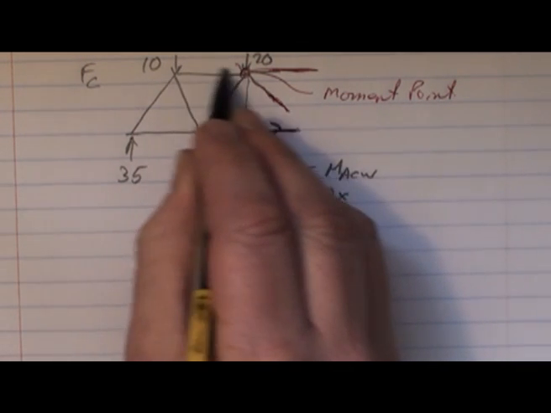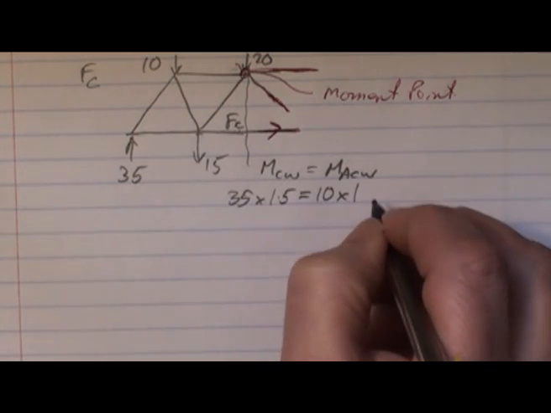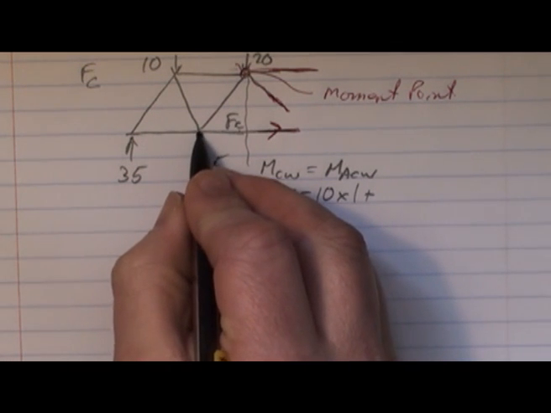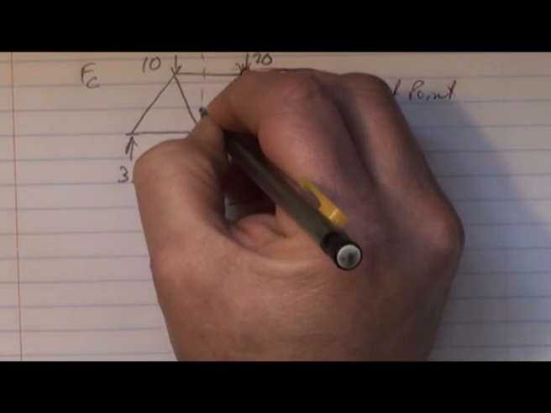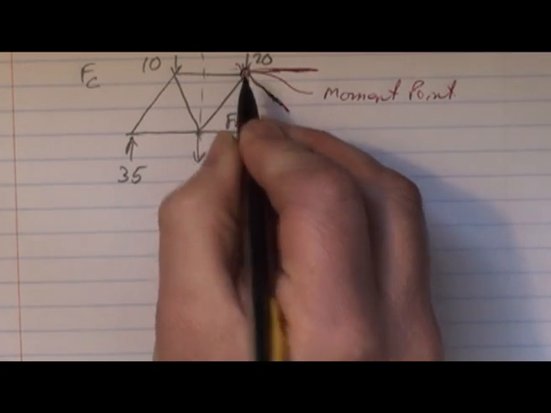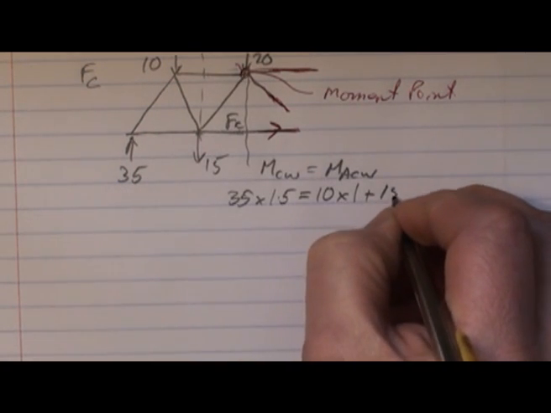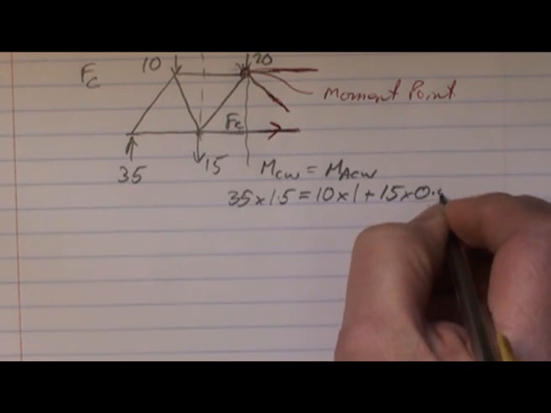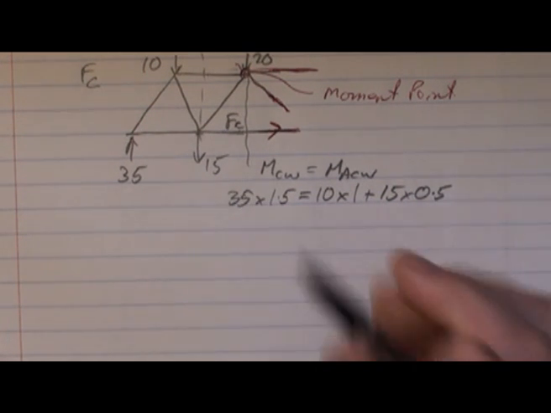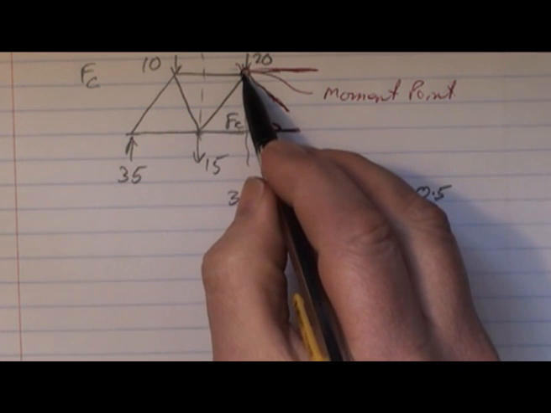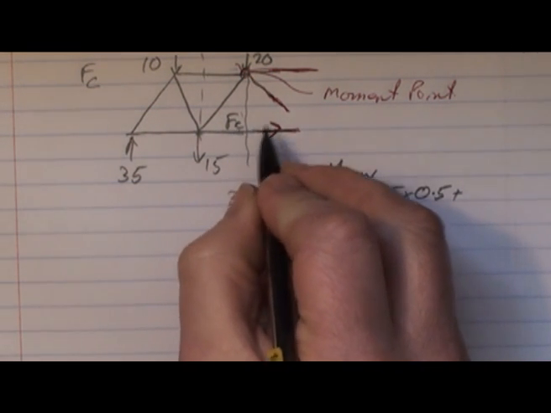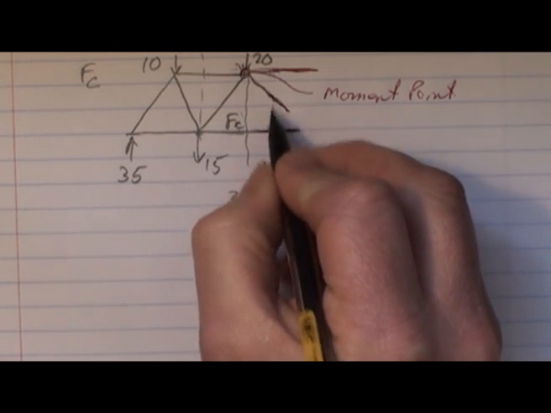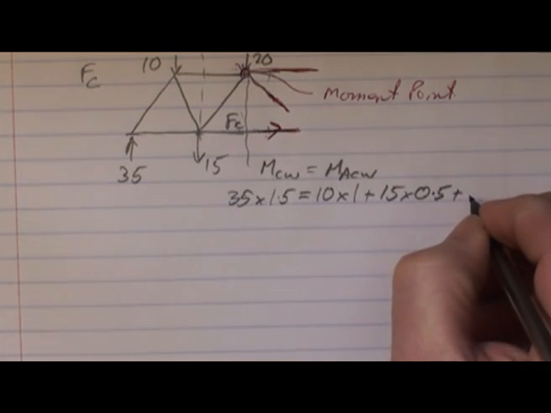10 times 1 meter, plus 15 times the distance between 15 and the moment point, which would be 0.5, 15 times 0.5. My 20 is acting through my moment point, so that doesn't count. And FC times 0.866, the height of my frame.